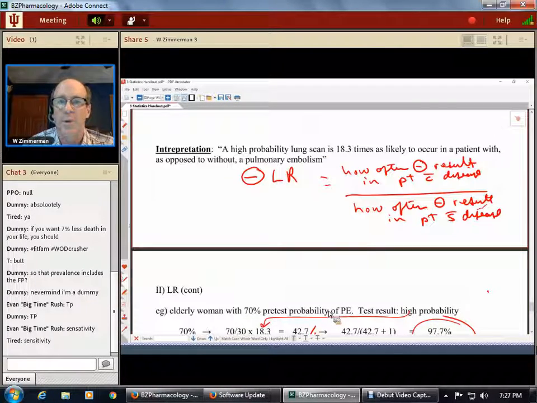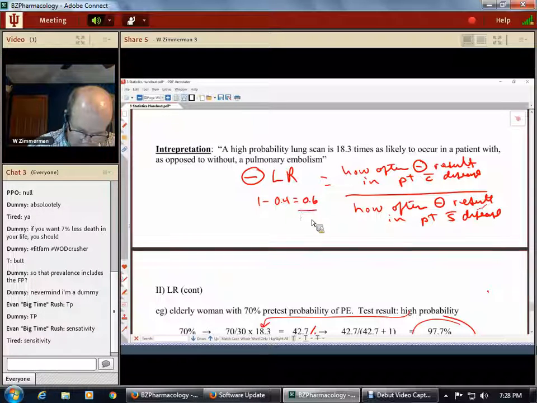On the previous page where we had the negative likelihood ratio, how often does a negative result occur in a patient with the disease? Well, that was fairly frequently. That was 1 minus 0.4, which equals 0.6. Then how often does a negative result occur in a patient without the disease?